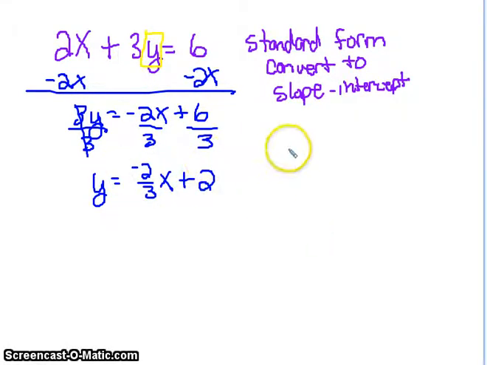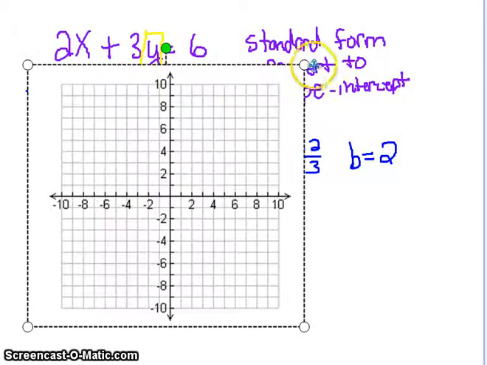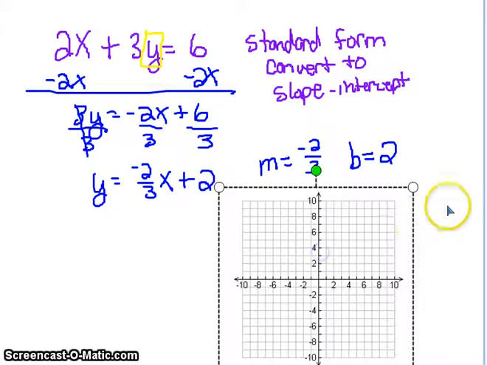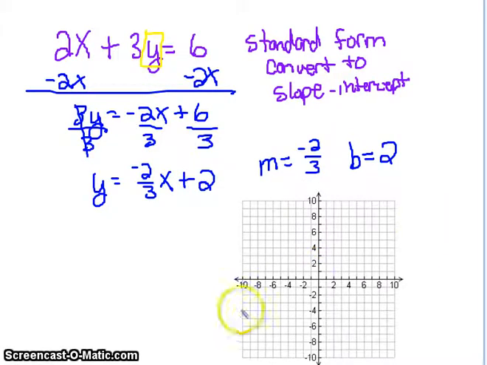So this right here is automatically going to tell me my slope is negative 2/3, and it is also going to tell me that my y-intercept is 2. So useful for graphing. If you wanted to graph, use my huge graph again. I'm going to come right here. If I want to graph the line, I'm going to put my y-intercept at 2.